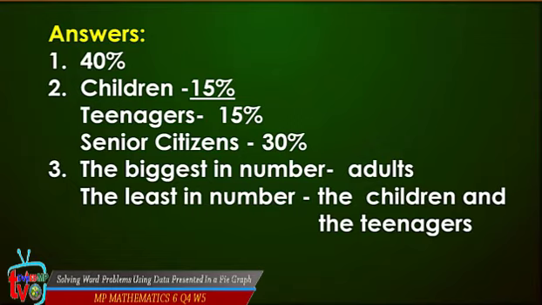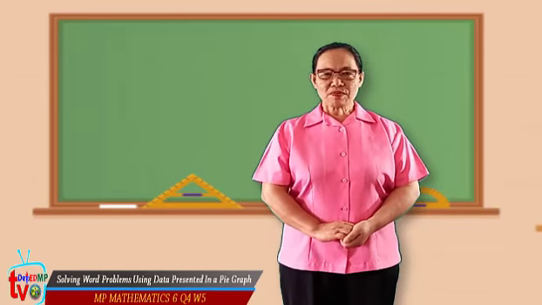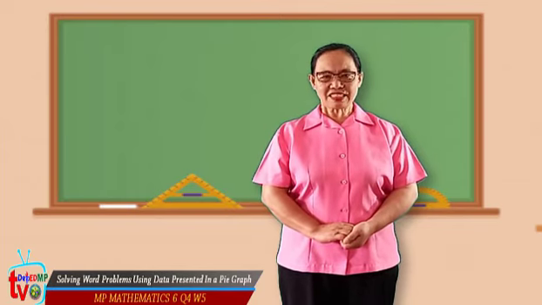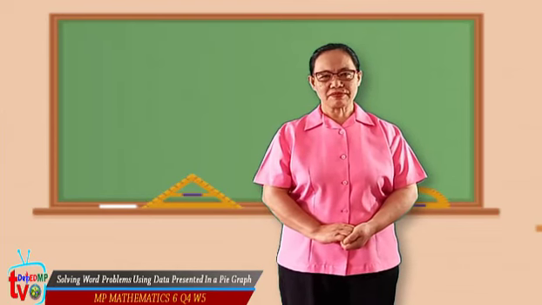Senior citizens, 30%. Number 3, the biggest in number, adults. The least in number, the children and the teenagers. Were you able to get the correct answers? Nice! Let's keep going.